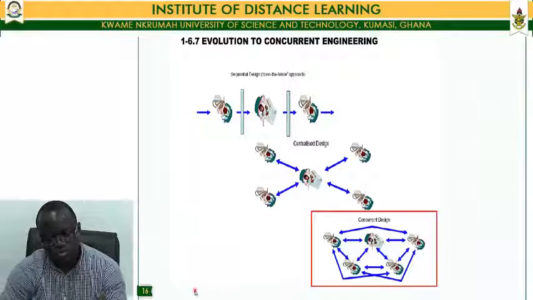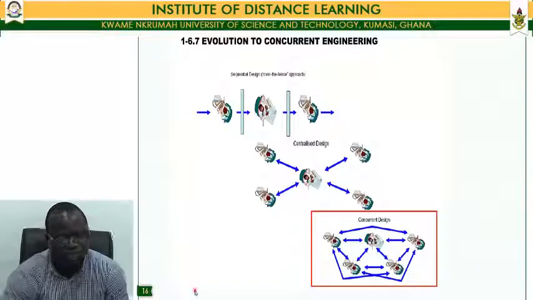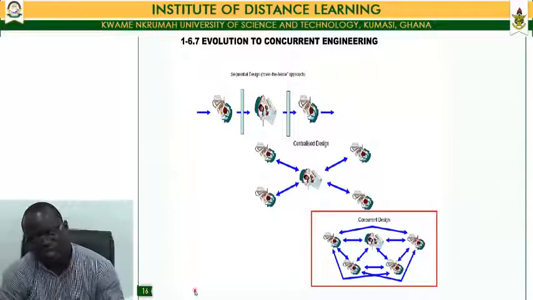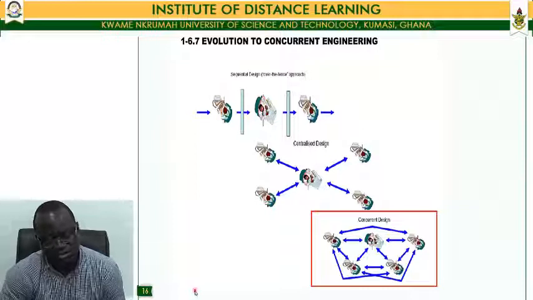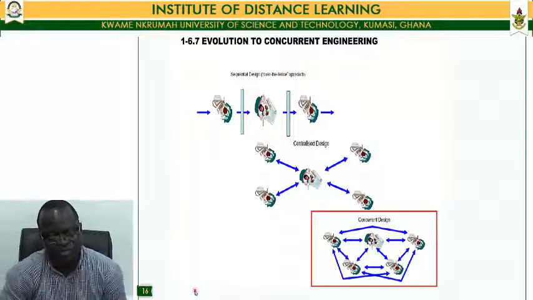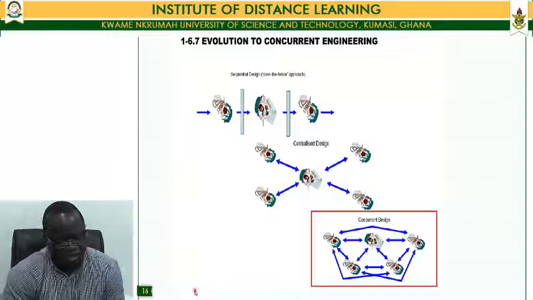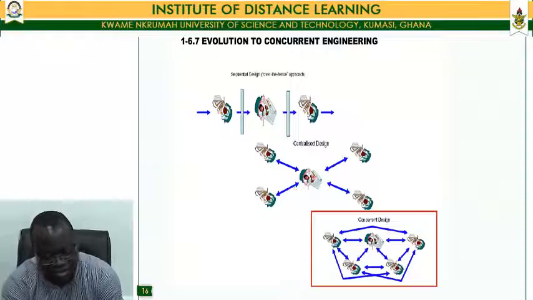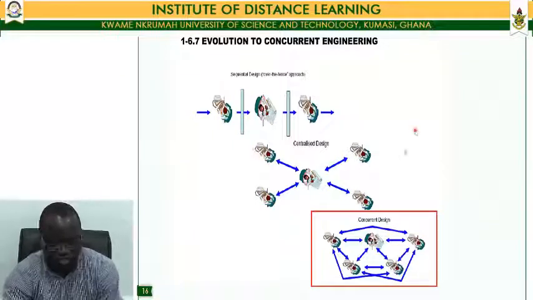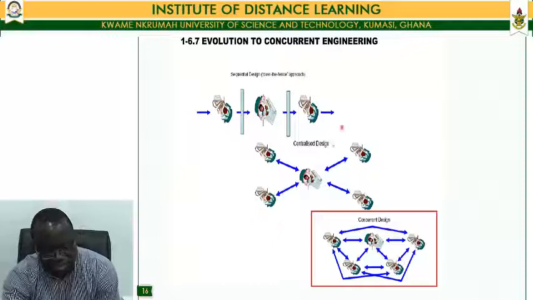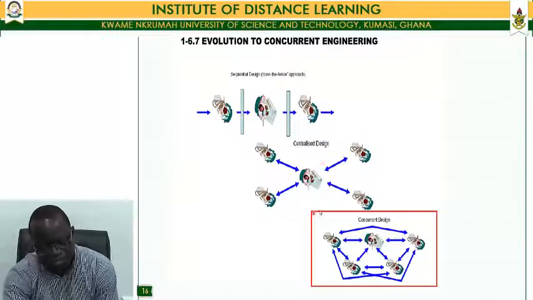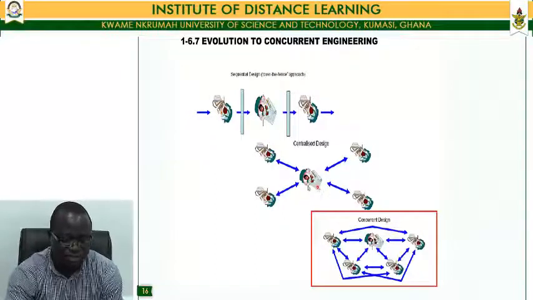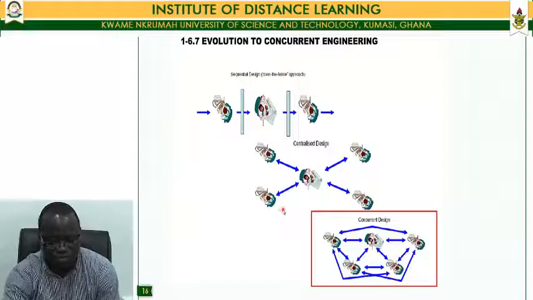So you could see over the years that there has been an evolution to concurrent engineering. First, there was the idea of sequential engineering, which we just talked about, the over-the-fence approach. Then it came into a centralized approach where you have the design coordinator sitting here, and each of the domain teams will be sending their information or feedback. The design coordinator will be talking back to them, giving suggestions and taking inputs.